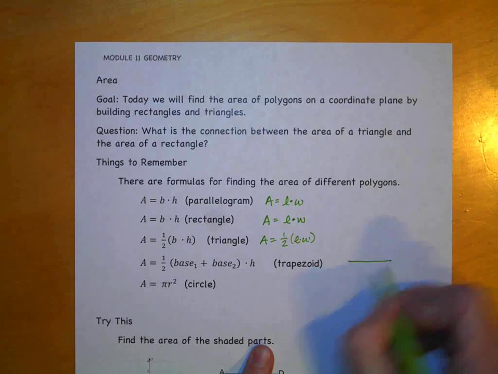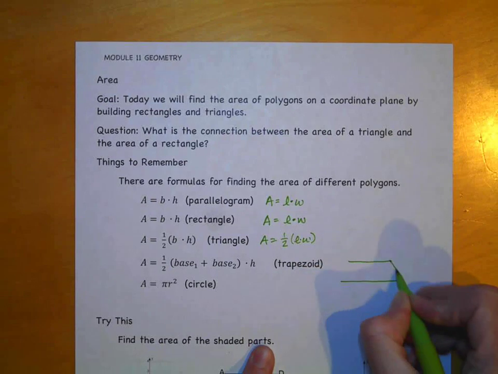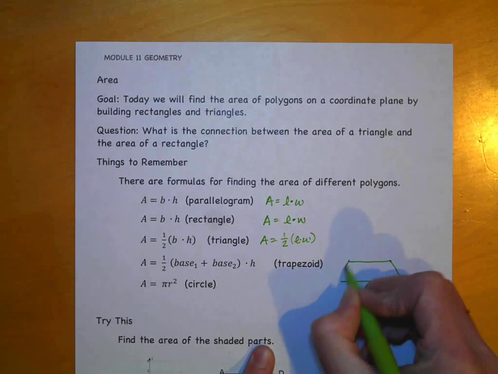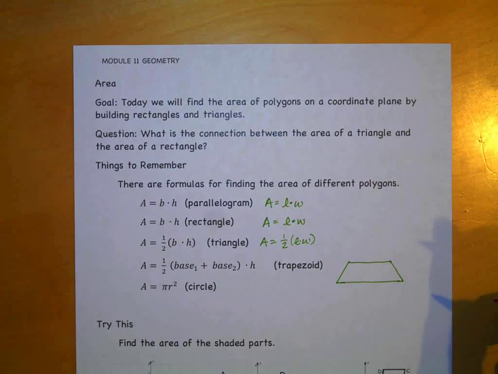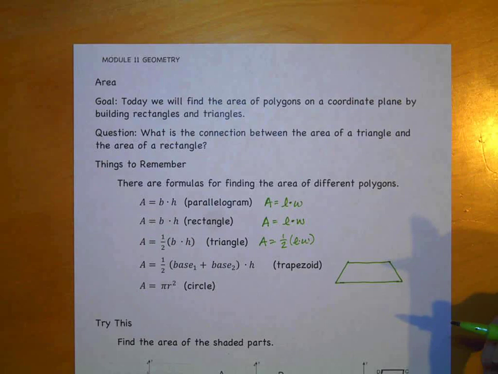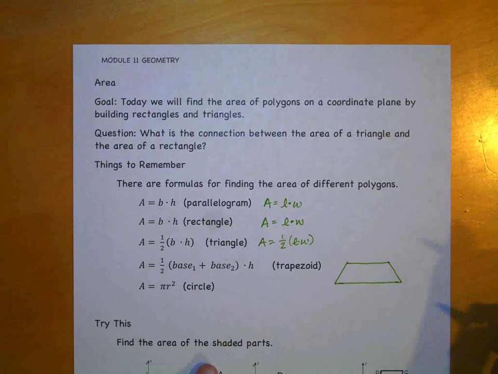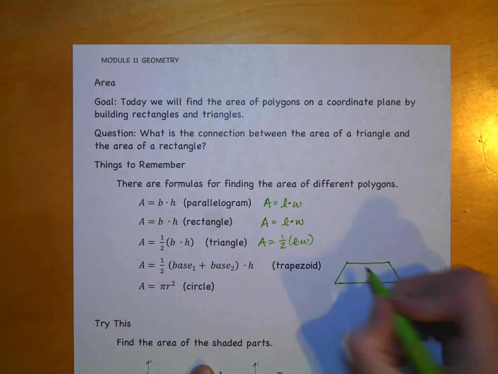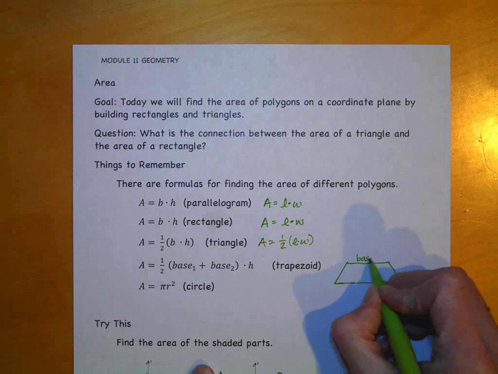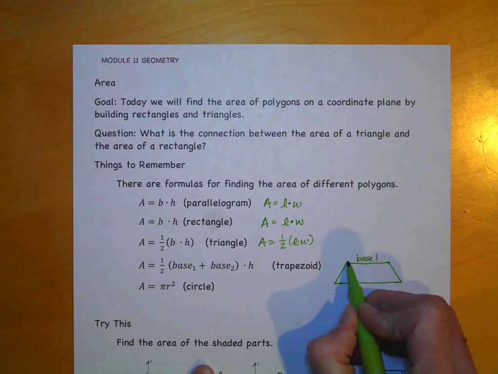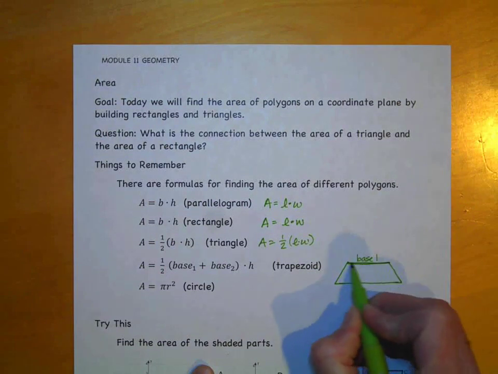So here's a trapezoid, yeah? This is what you guys are used to when I say trapezoid. Trapezoids actually come in many different looks based on the one rule that a trapezoid has one set of parallel lines. Okay, one set of parallel lines. So base 1, it really doesn't matter as long as you have 2 of them. So we're going to name this base 1. What we're talking about is the length of this right here.